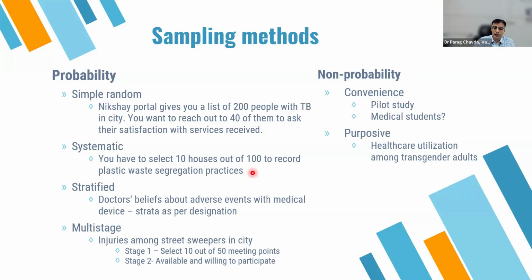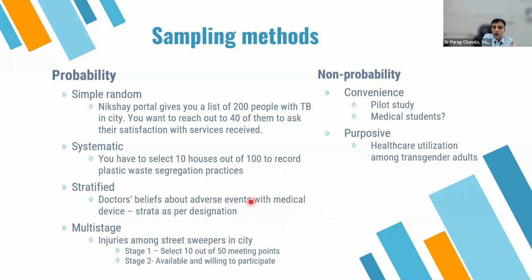So that's systematic sampling. Stratified sampling is, for example, when a doctor studies beliefs about adverse events with a medical device. Here we assume that doctors at a very senior level, doctors in the middle of seniority, and doctors who are younger might have different experiences and perceptions. So you stratify and say I'll have a few doctors from the senior category, a few from the middle category, and a few from the young category as well, right?